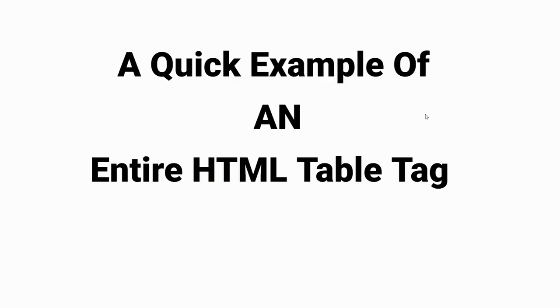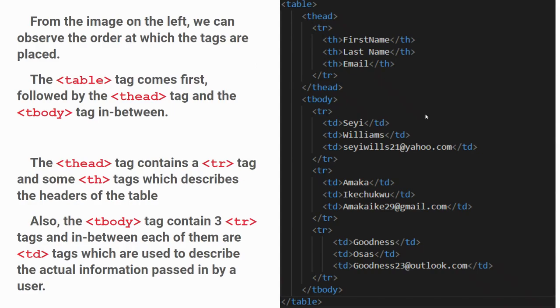So here we have a quick example of an entire HTML table tag. This is a picture of a table tag on the right side of the screen, and on the left is just some descriptive notes on what you have in the picture.